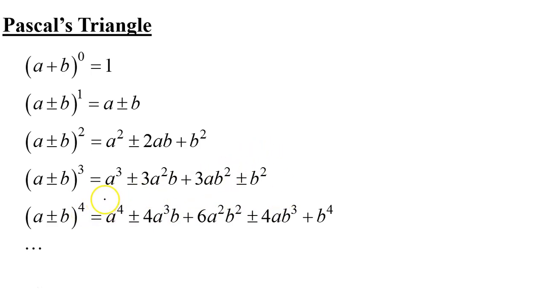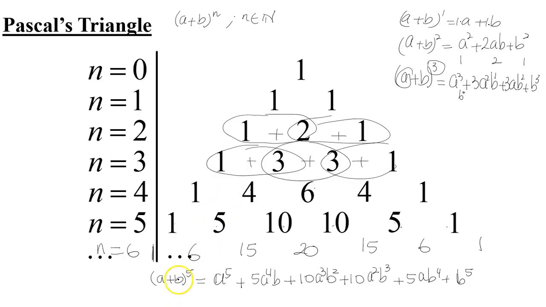We start with a plus, and then we start alternating the signs as plus, minus, plus, all the way to the last one. So similarly here, if this was (a - b) to the 5, then it would be plus, minus, plus, minus, plus, minus. The signs would actually alternate.